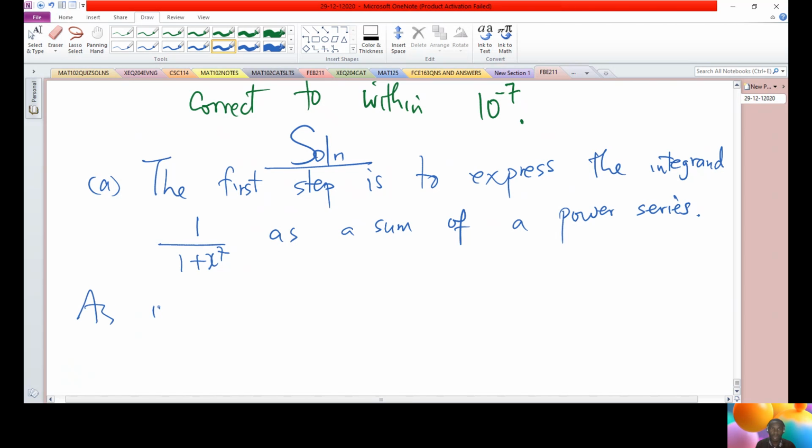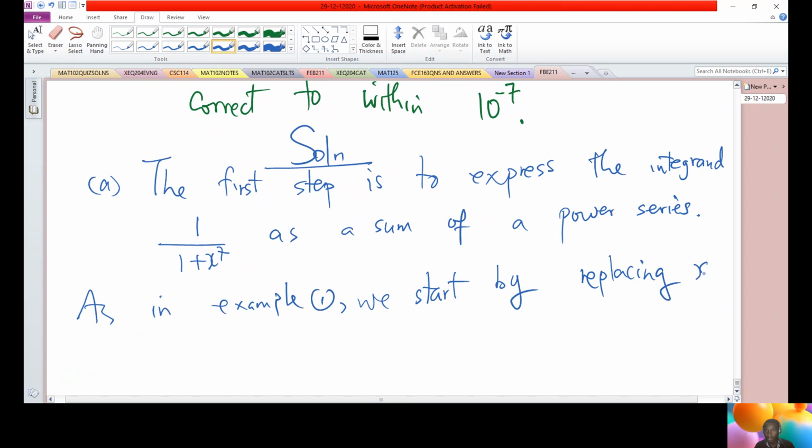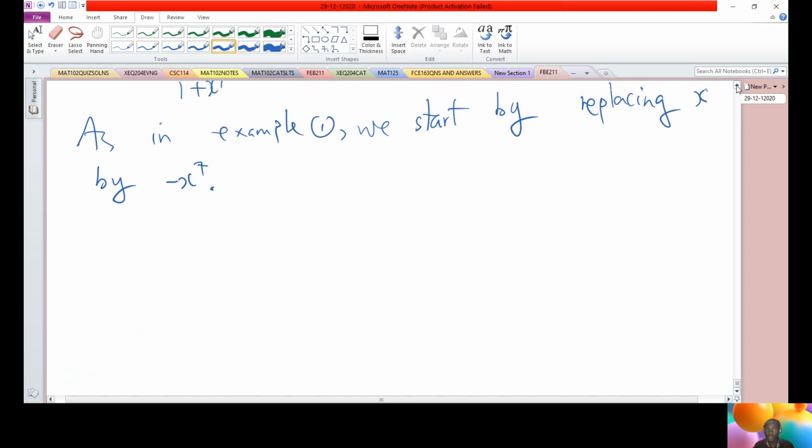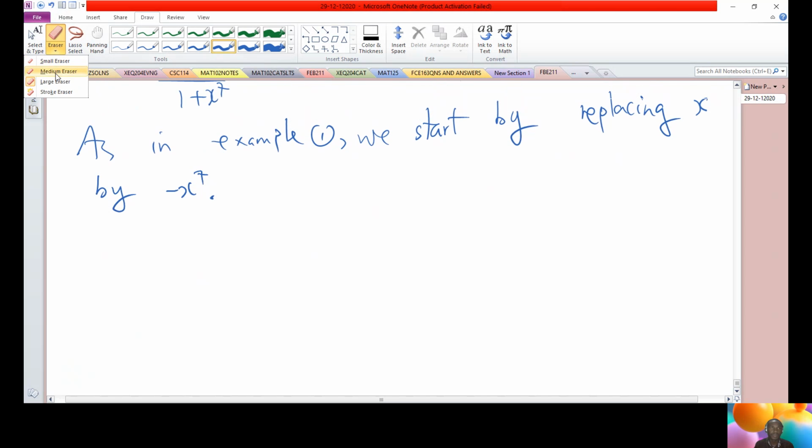Now, as in example 1, we start by replacing x by minus x power 7, as in equation 1.